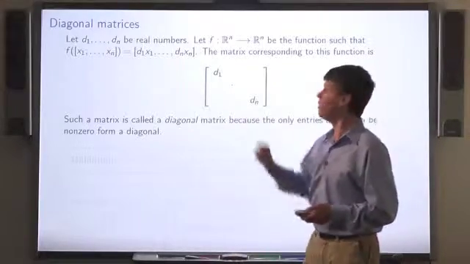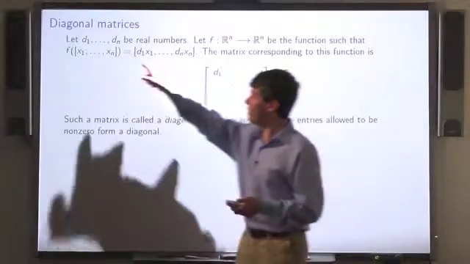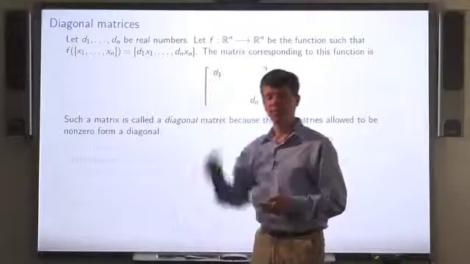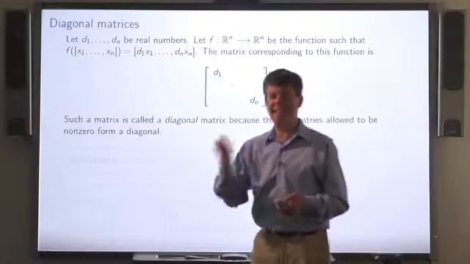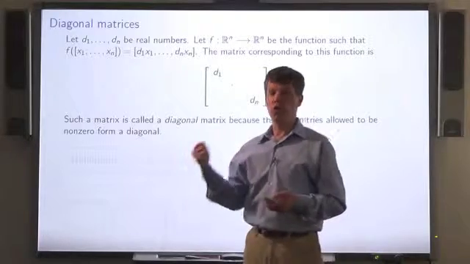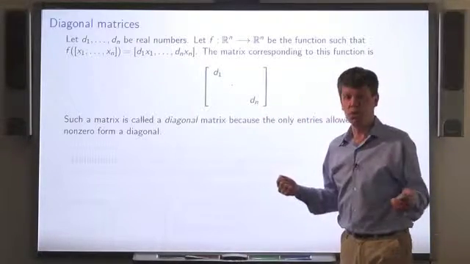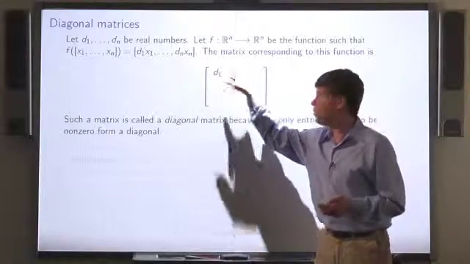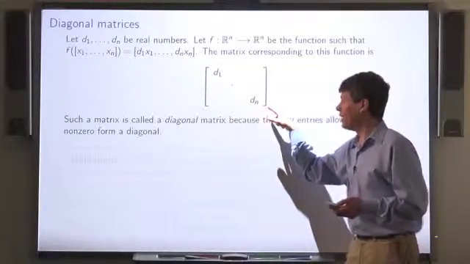Let's consider the function from Rn to Rn defined as follows. Given a vector x1 through xn, return the vector d1 x1 through dn xn. So what this function is doing is scaling in each coordinate. And the matrix corresponding to this function has the values d1 through dn going down the diagonal.